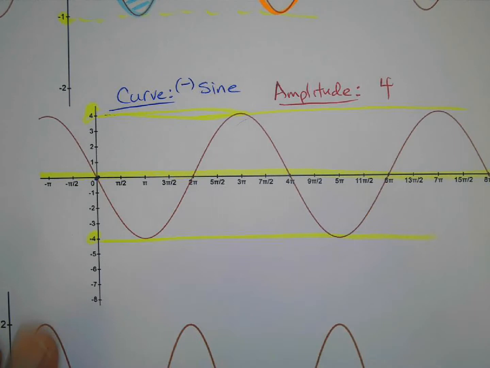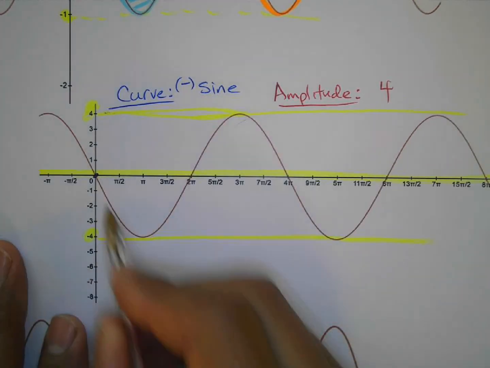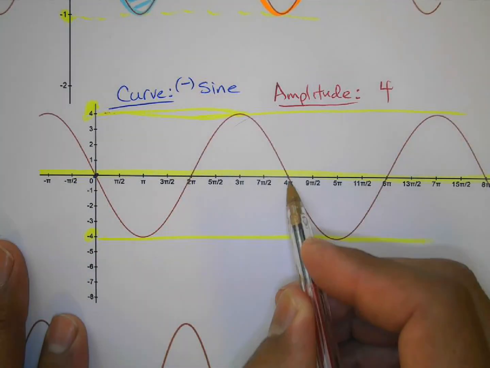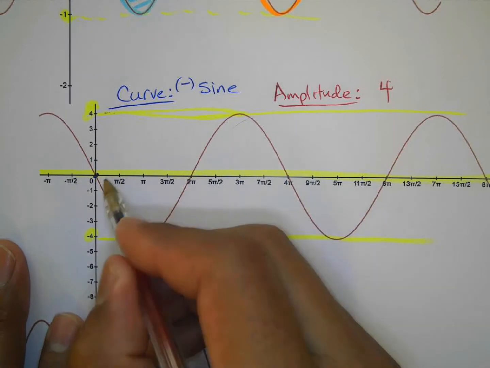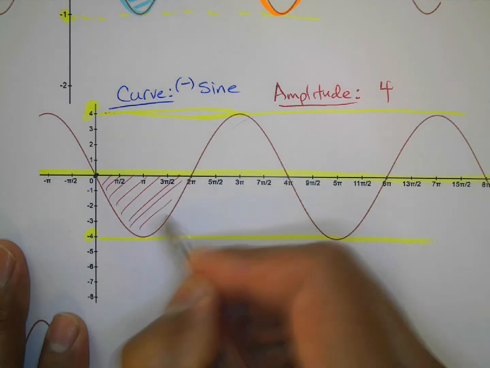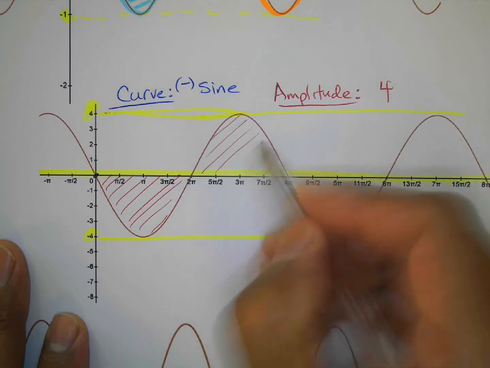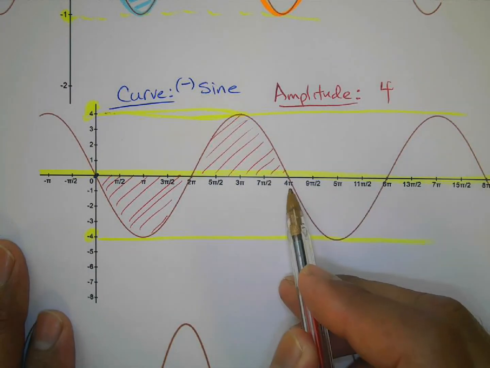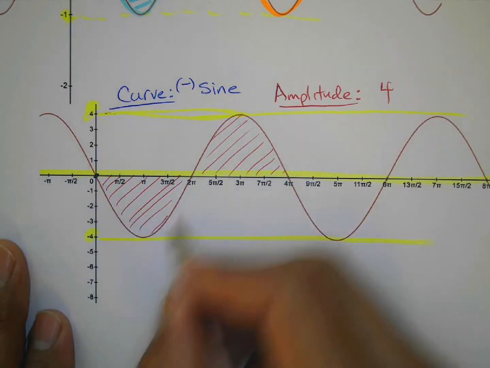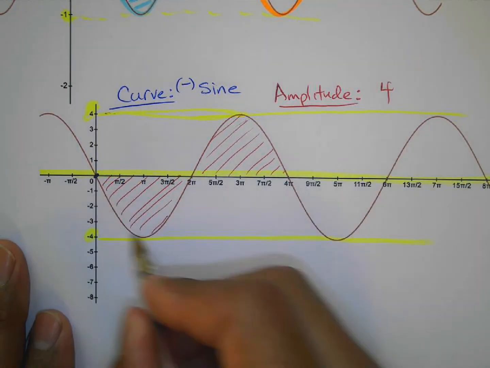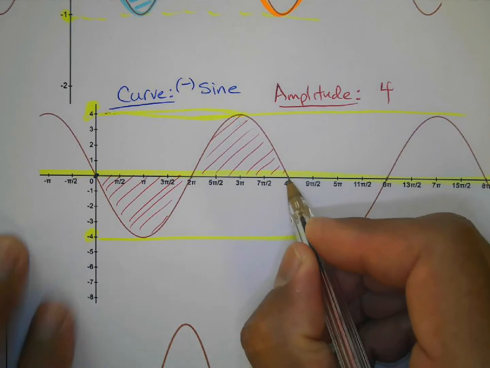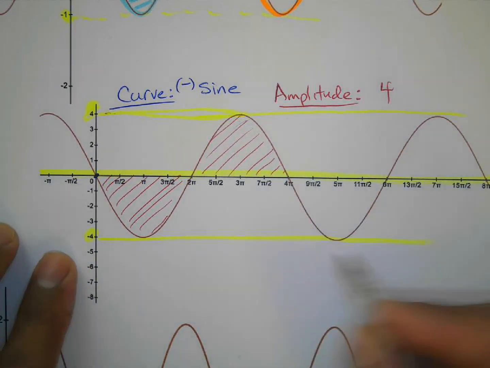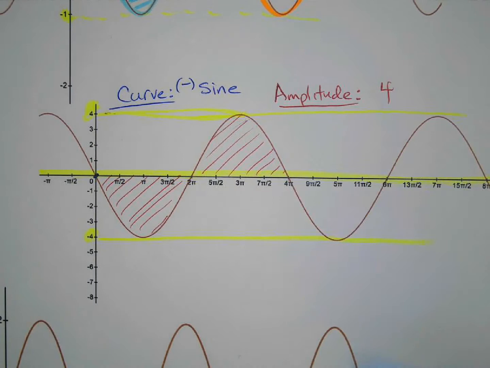And then again, the period. Here's where you will see one bottom half and one top half. The distance it takes to complete one cycle is the period. It's going to come around under and over, and start right back at this point and continue to repeat the pattern.